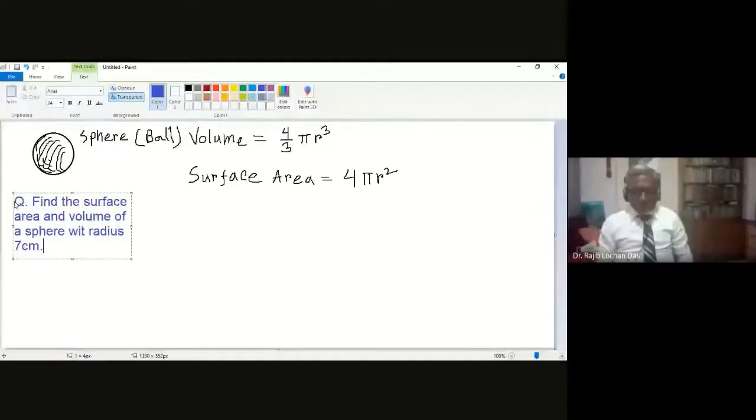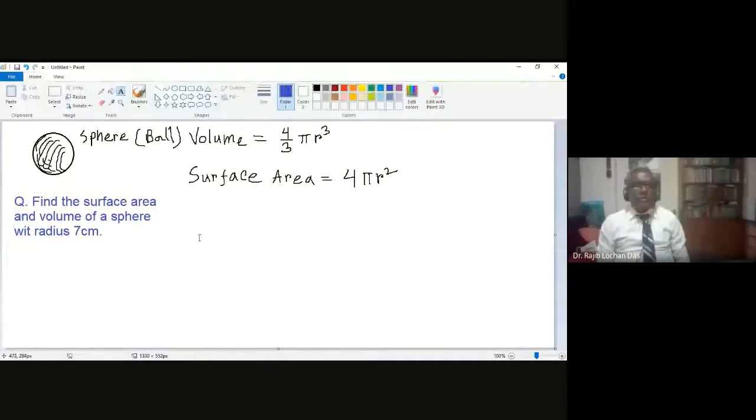You will find the volume of the sphere and also the surface area of the sphere. The radius is the line from the center of the ball up to the surface, given as 7 centimeter. Now you do the calculation and write it.